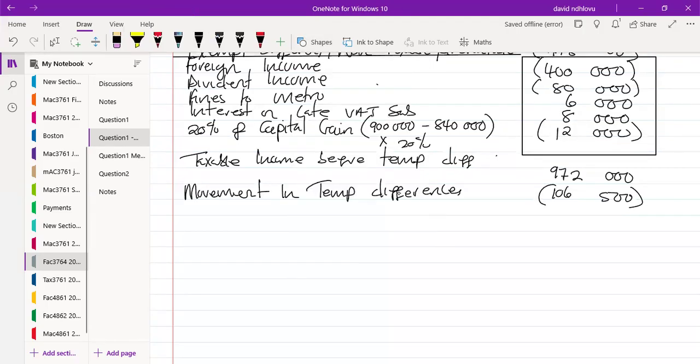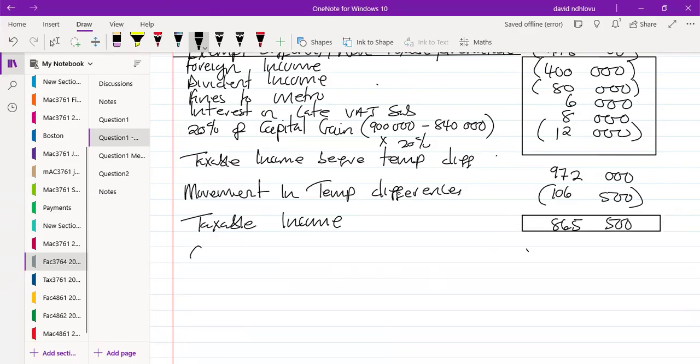So that therefore you now have taxable income of 865,500. And this here is taxable income. Then you can calculate your current tax amount by saying 865,500 at the tax rate of 28%.